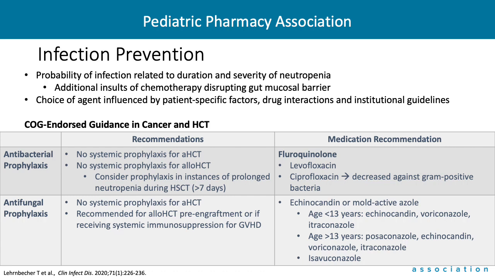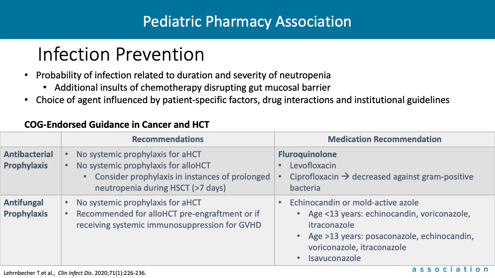Before we talk any further, it's important to note that the medication recommendations are not standardized or hard set rules at this time, and they may vary based on institutional guidelines and other resources. The choice of agents may also be influenced by patient-specific factors, drug interactions, and also in patients who are receiving GVHD treatment.